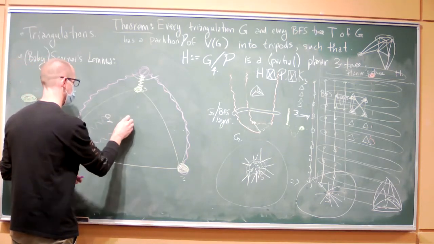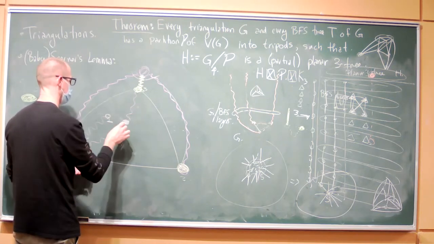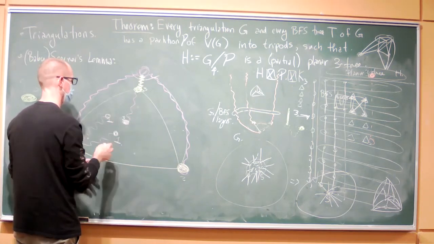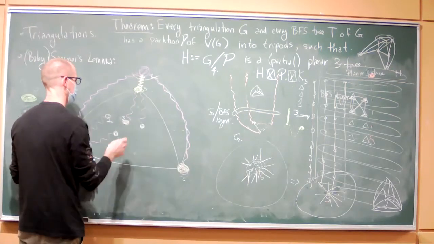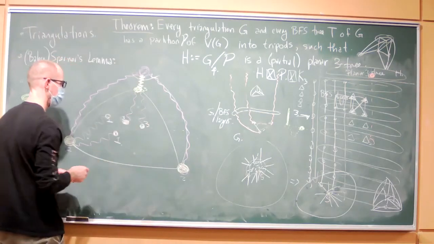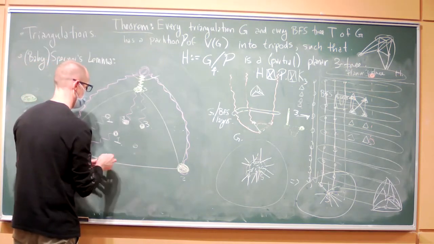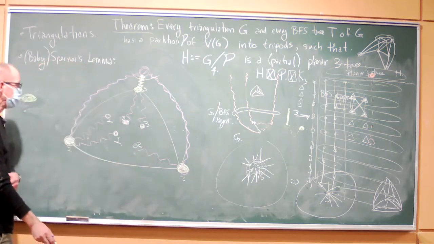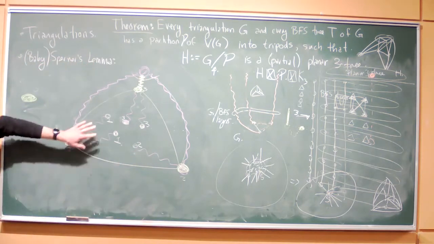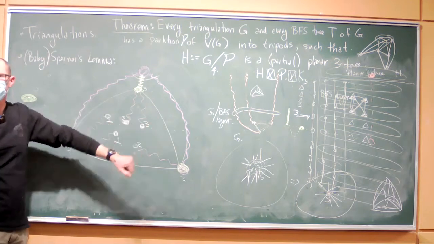This one goes up to 3. So it gets color 3. This one maybe also goes up to 3. Gets color 3. And you know, this one maybe goes off to 2. Gets color 2. So everybody inside here gets a color. 1, 2, or 3.